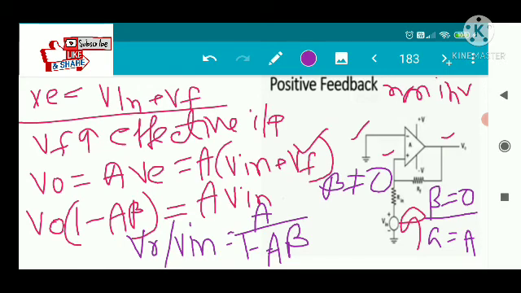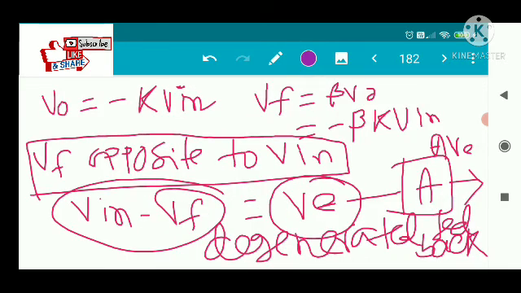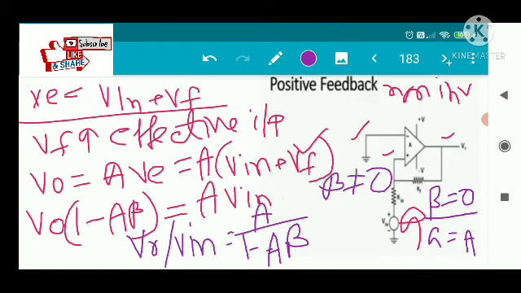Then you can see in the previous case, the inverting amplifier or the negative feedback, gain is reduced, but here with positive feedback, gain increases from A, it is greater than A. That is not desirable. So that is not an application of the amplifier, because the output eventually goes into the saturation region, plus V sat or minus V sat.